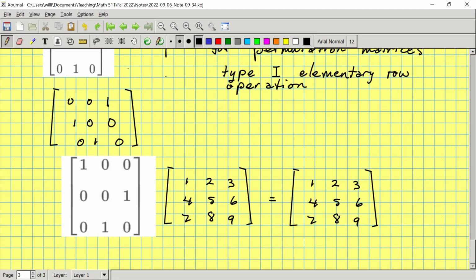So I'll leave row 1 alone. The second row of our product is 0 times row 1 plus 0 times row 2 plus 1 times row 3. In other words, row 3. And the third row of our product is 0 times row 1 plus 1 times row 2 plus 0 times row 3. In other words, row 2.